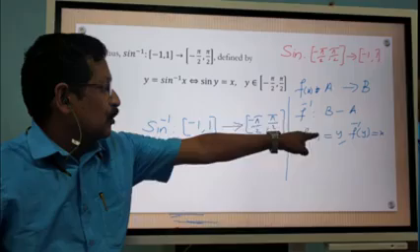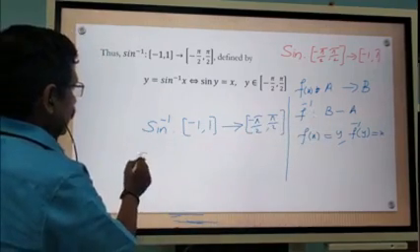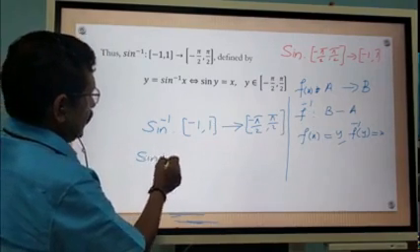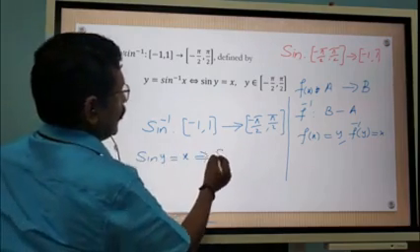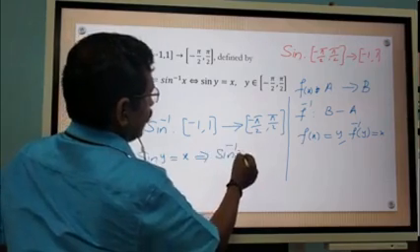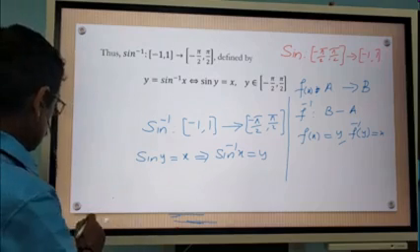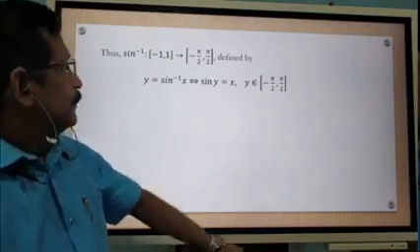Now, f of x is equal to y implies f inverse of y is equal to x. So sin y is equal to x implies what you will get? Sin inverse x is equal to y.